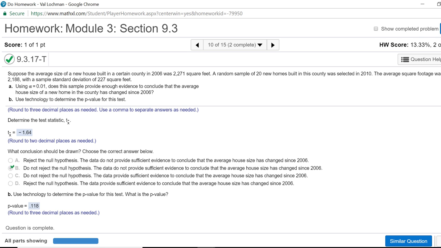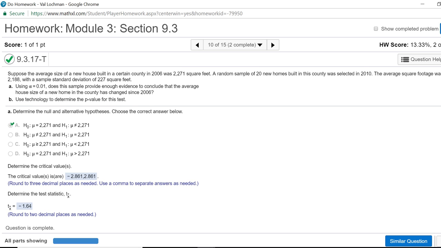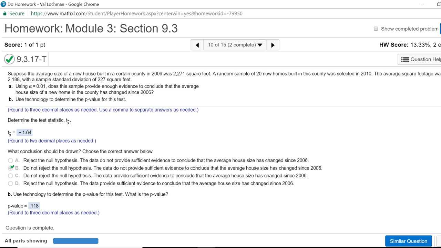Here's an example of two methods. Critical value method: you compute your critical values, then you find the t-statistic and see if this number falls outside of the range for the non-critical region. It doesn't. It falls into the non-critical region in our case, which means we do not reject the null hypothesis.